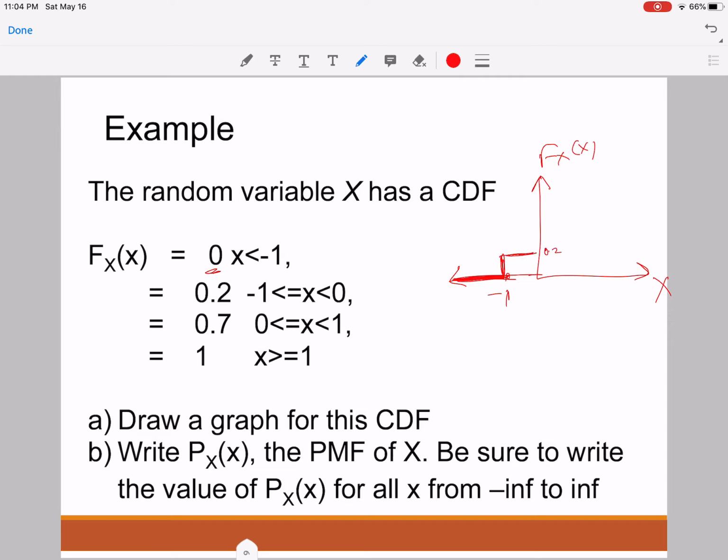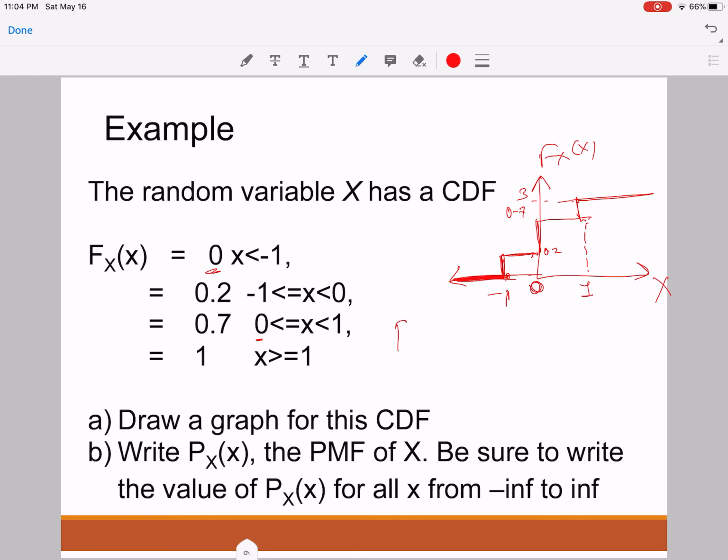It remains at 0.2 until the next discontinuity, which is 2, at which time there's another jump to a new value of 0.7, and it remains at 0.7 until the next discontinuity, which is equal to 1. And there's another jump to the final value of the CDF, which is equal to 3. It is indeed a valid CDF because it's an increasing function of x, and there are no dips in the CDF. The CDF starts at 0, goes all the way to 1. It's a valid CDF.